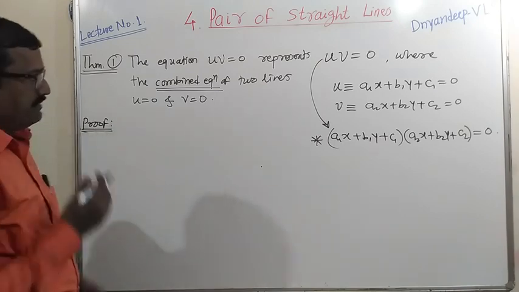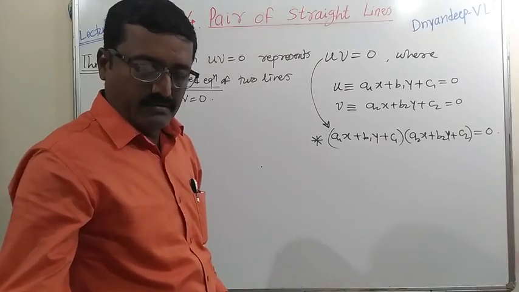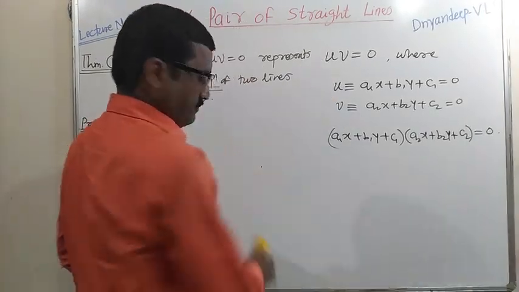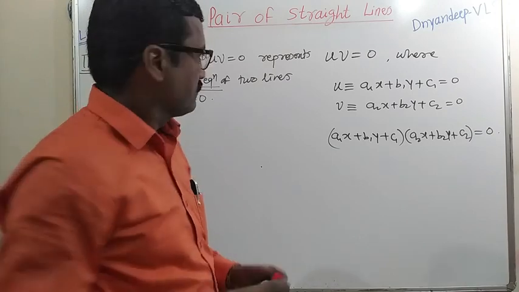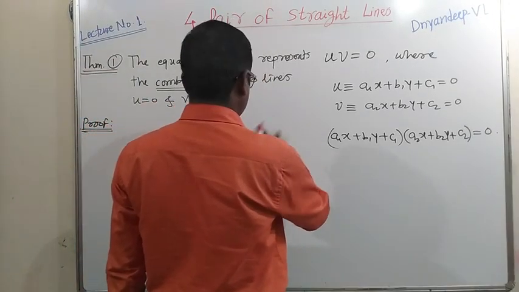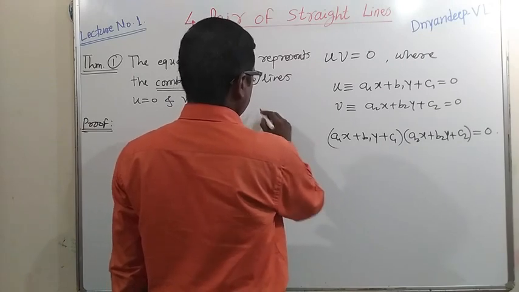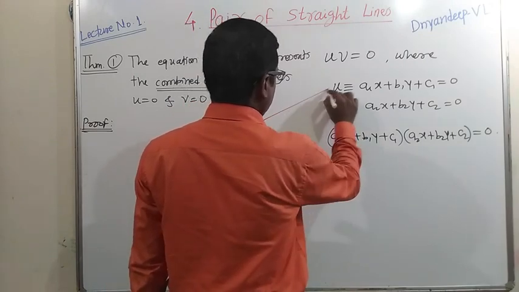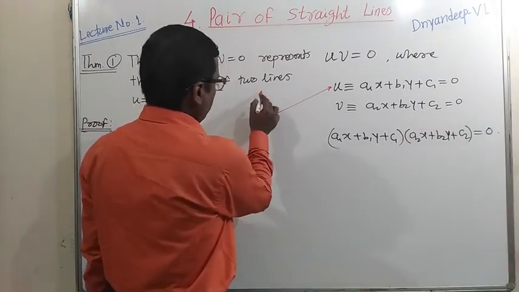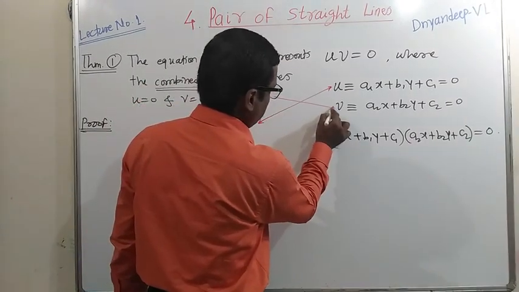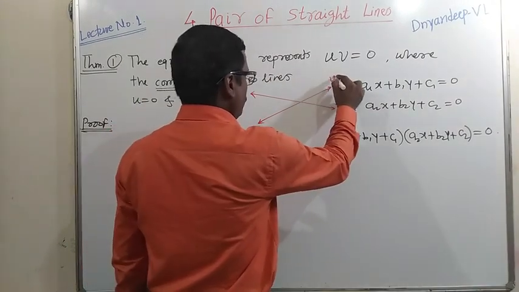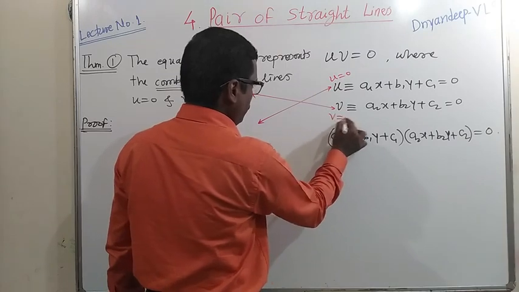For this, we will consider one figure. This is the line u equal to 0, and this is another line which is v equal to 0.